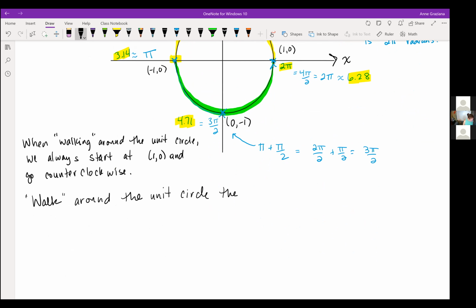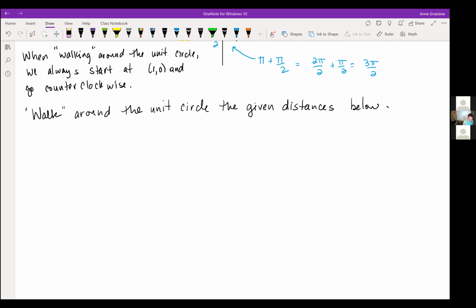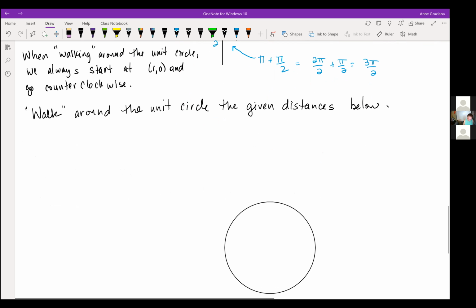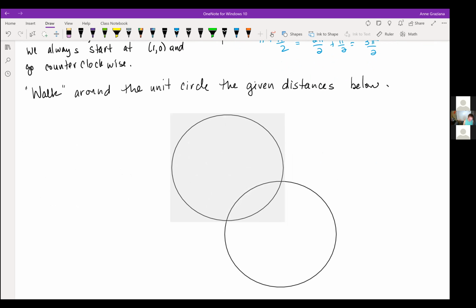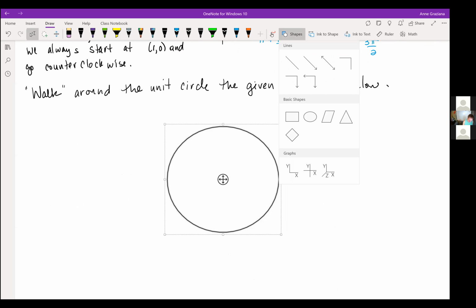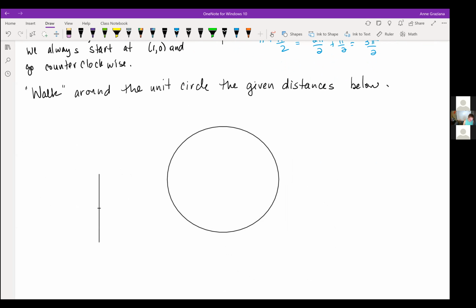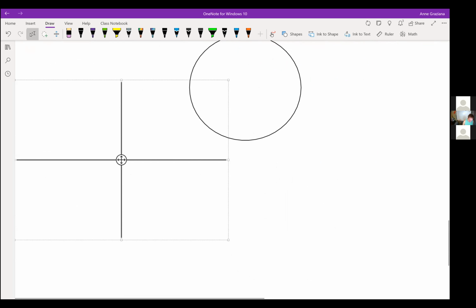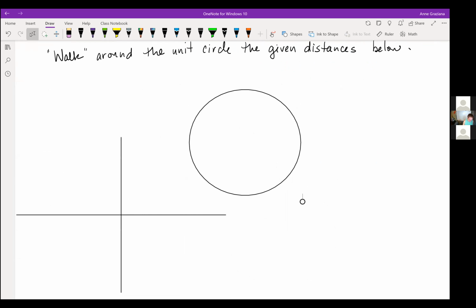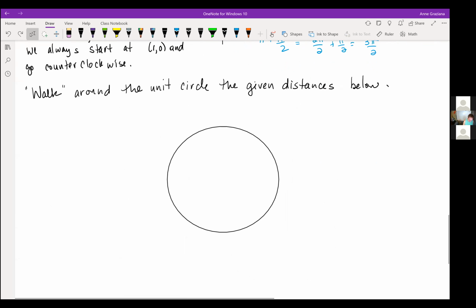I think these are all miles, the given distances below. Okay, so I'm going to need a new circle. You're also going to be drawing a lot of circles. Oh boy, it's going to be a difficult one.